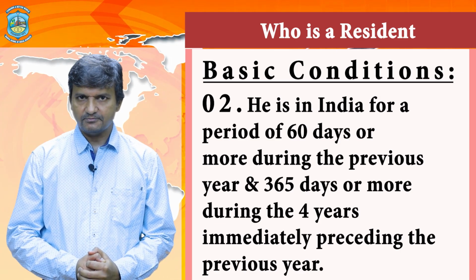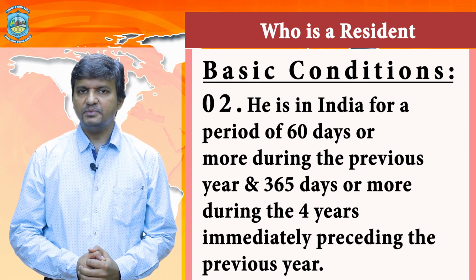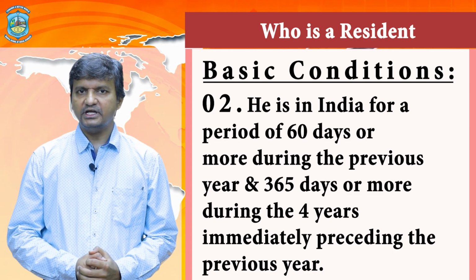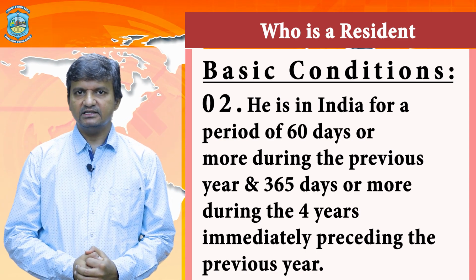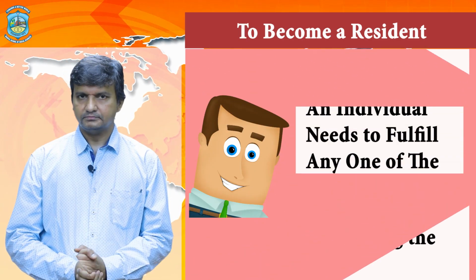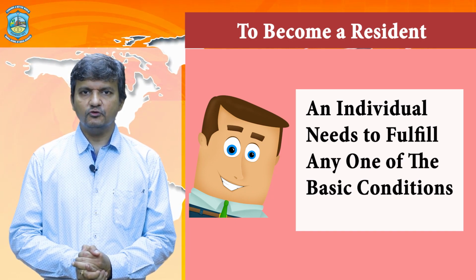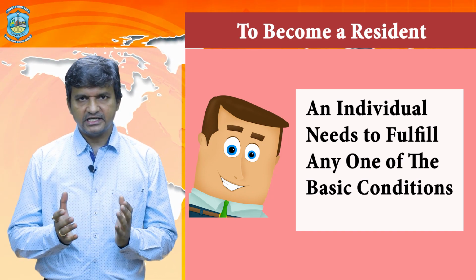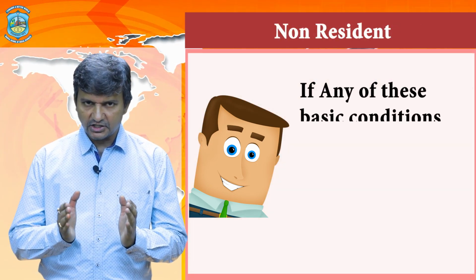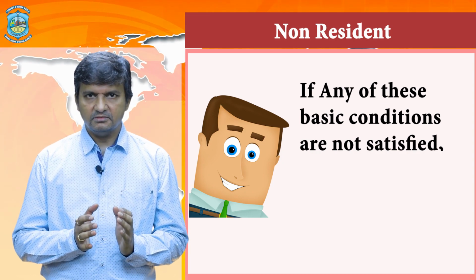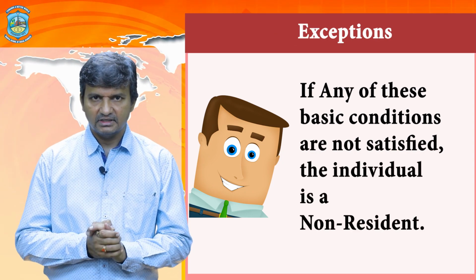In addition to this, he should be in India for a period of 365 days or more during the 4 years immediately preceding the previous year. Now for becoming a resident, an individual needs to fulfill any one of these two basic conditions. Now what happens if he doesn't fulfill any of these basic conditions? The moment he doesn't fulfill any of the basic conditions, he is termed as non-resident.